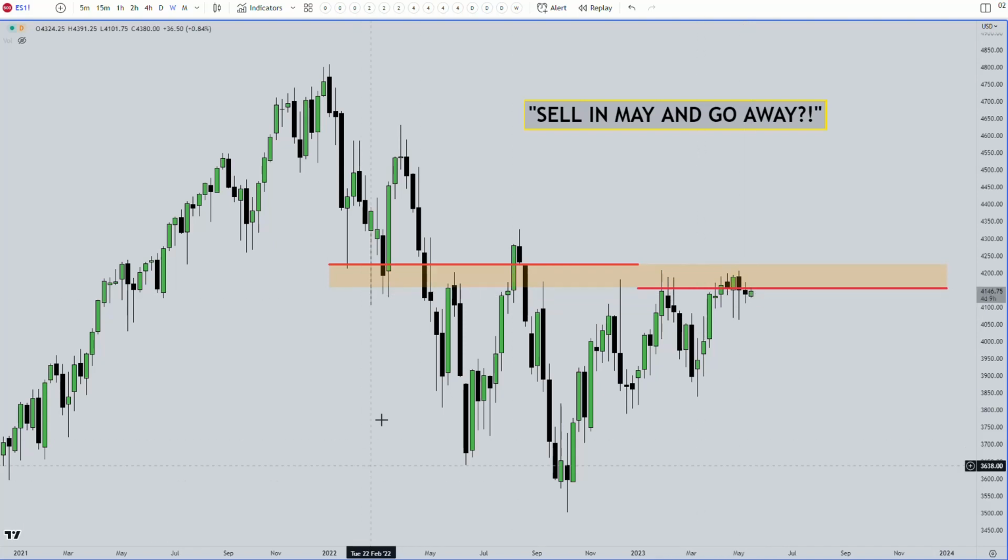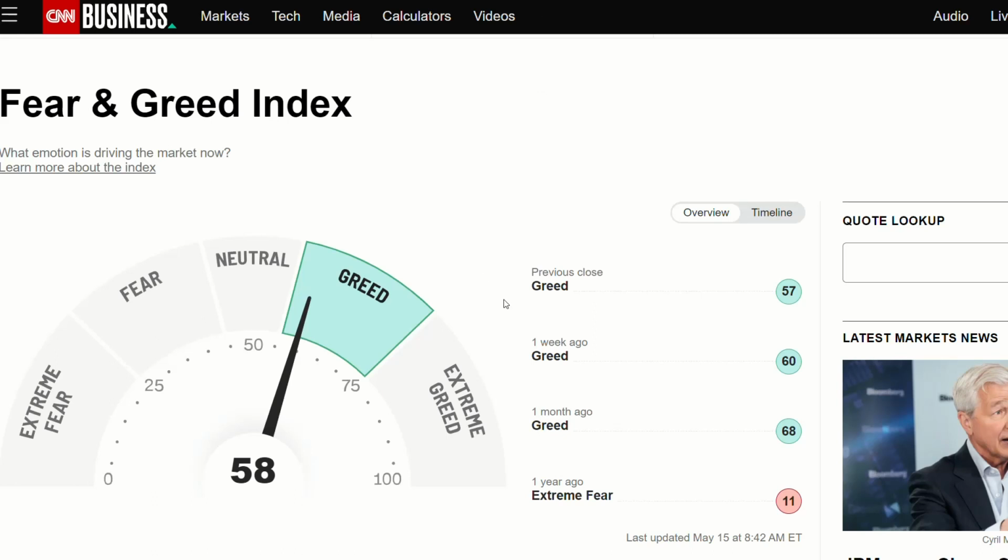Well, this is where you can make use of your second piece of confluence potentially, which is the fear and greed index, the CNN fear and greed index. And what do you see? Well, we are in the greedy zone.